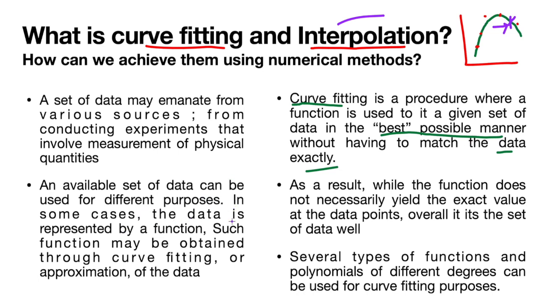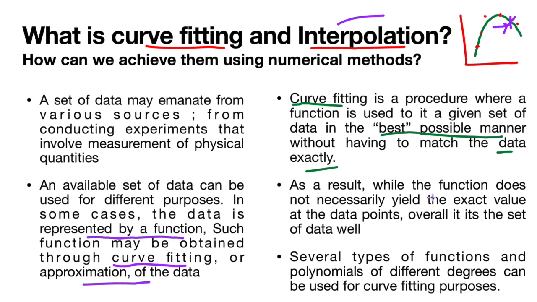In some cases, the data is represented by a function, so we need to use a function to represent our data. Such a function may be obtained through curve fitting or approximation of the data. So the curve fitting method is used if we need a function, or we can also use it for interpolation purposes.